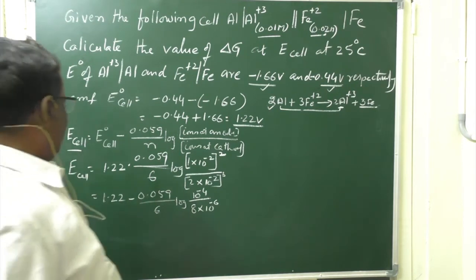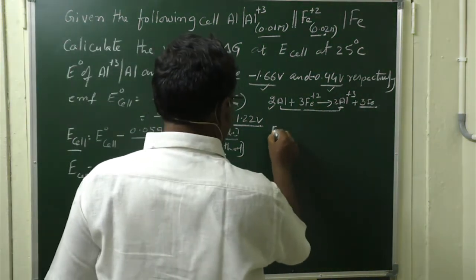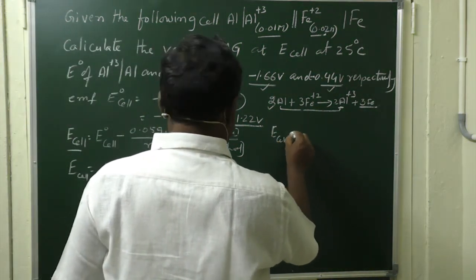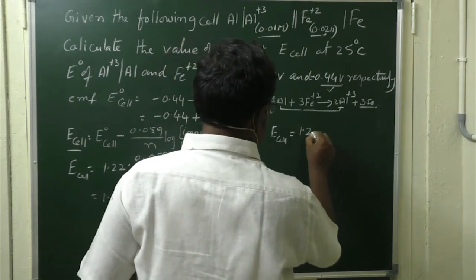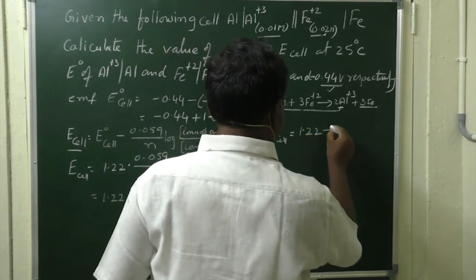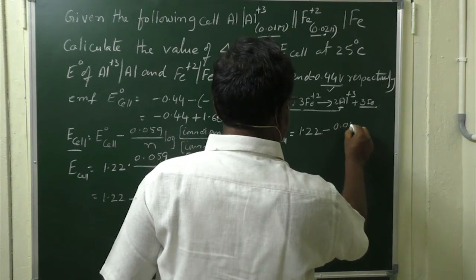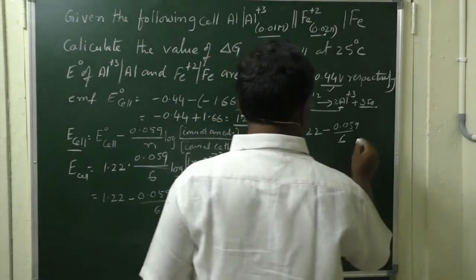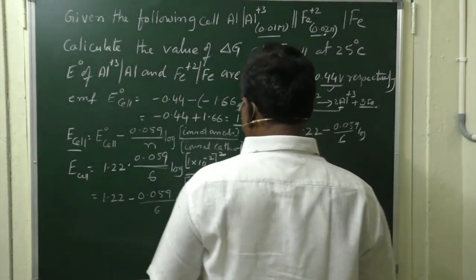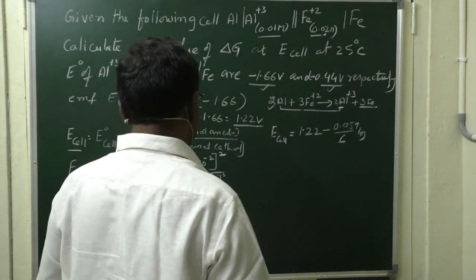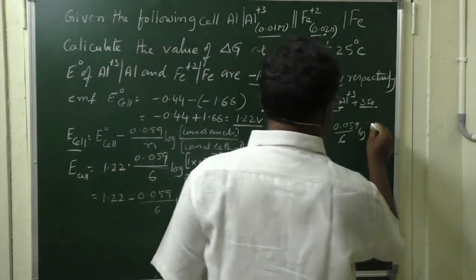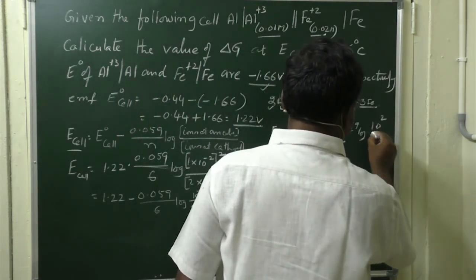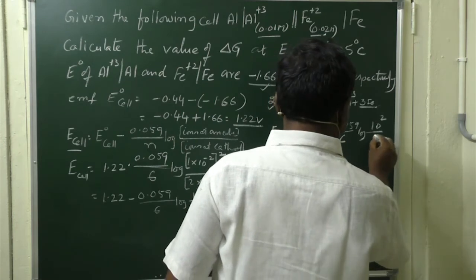Now on further simplification, E cell is equal to 1.22 minus 0.059 by 6 log of 10 to the power minus 6, divided by 10 to the power minus 2, which gives us 10 to the power minus 2 by 8.